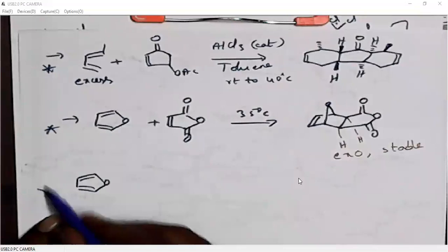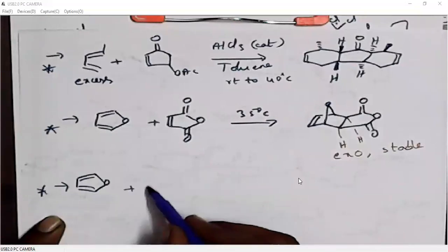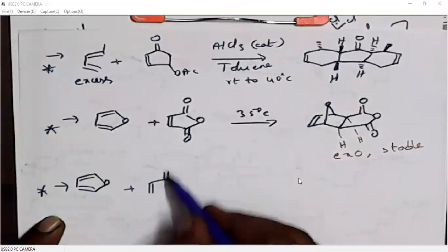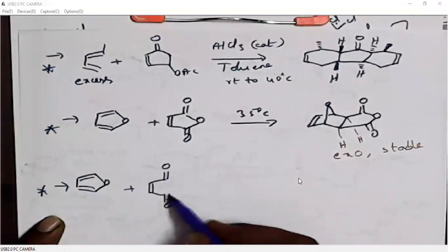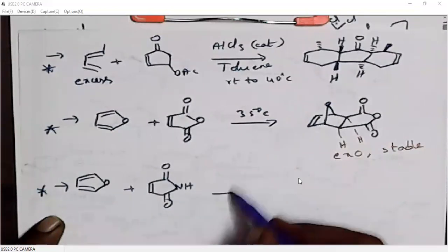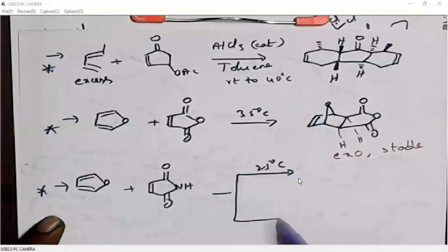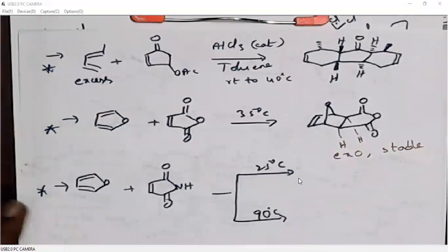So mark them. Okay. When these two starting materials undergo a reaction at 25 degrees centigrade and 90 degrees centigrade, the product formation is different.